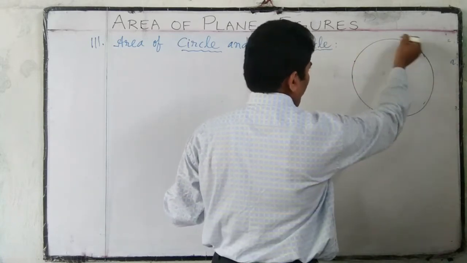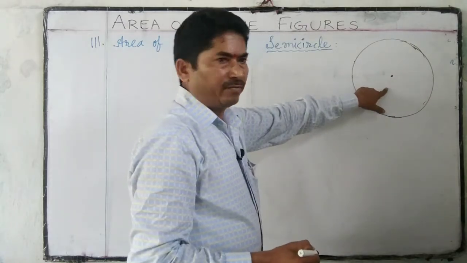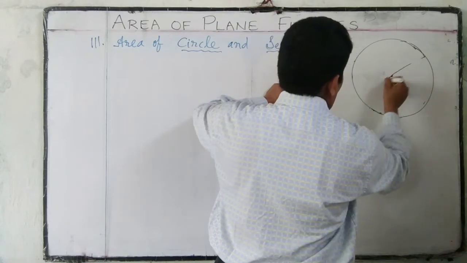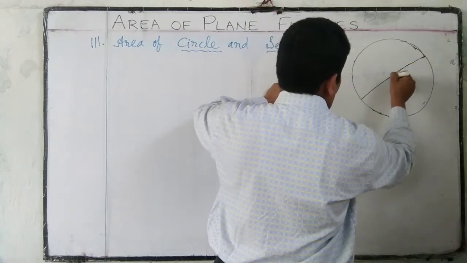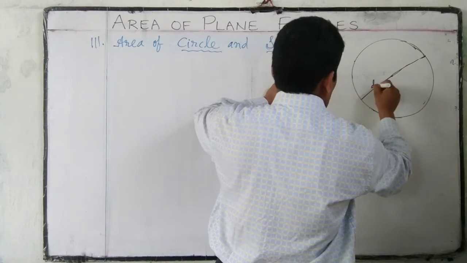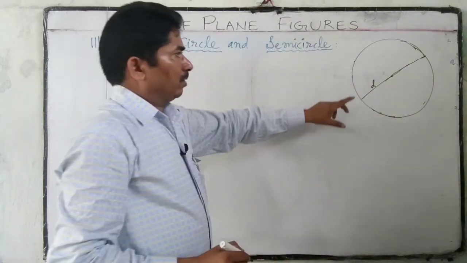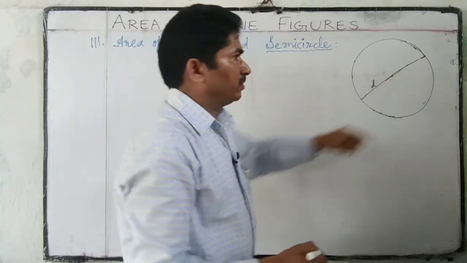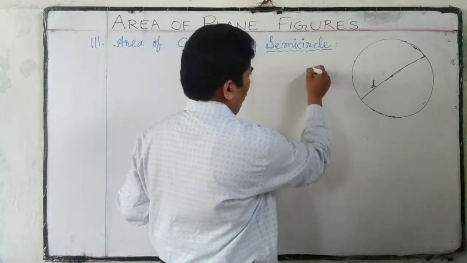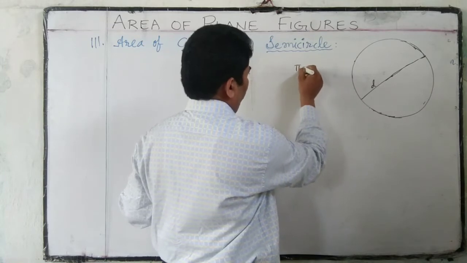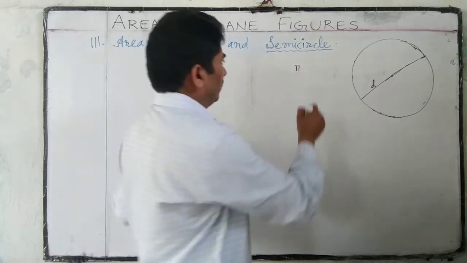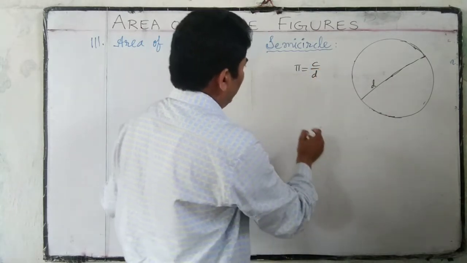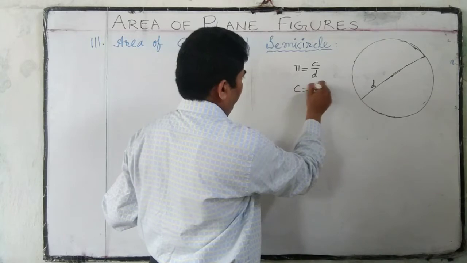The total length of the boundary of the circle is the circumference. This is a diameter. The ratio of the circumference to the diameter is called pi. This is a constant: C by D, so C is equal to pi D.